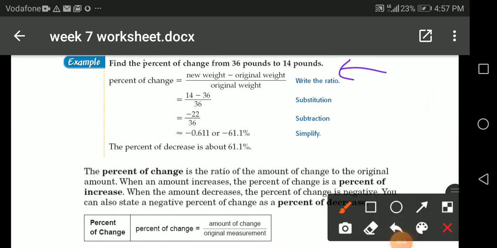Find the percent of change from 36 to 14 pounds. So the rule is what? The rule is the new weight minus the original weight, all over the original weight. What's the new weight here, guys? The new weight is the number that comes after "to", so it's 14. Minus what? Minus the original weight.